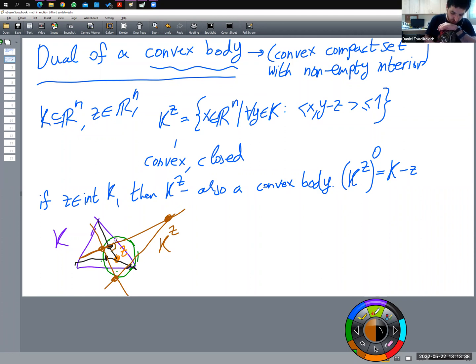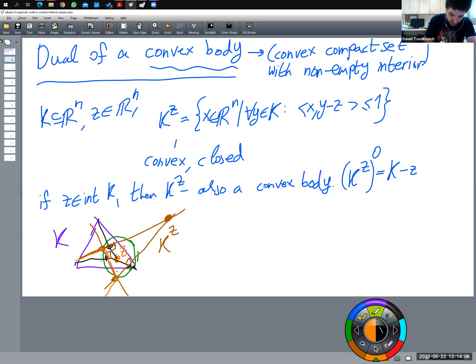Here we all have right angles. This is if Z is inside the triangle. If Z is outside the triangle, then you will still get these three lines, but you need to take the correct half planes, so you will get something unbounded.